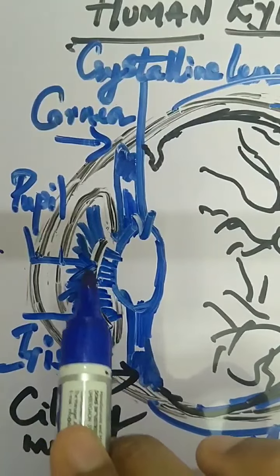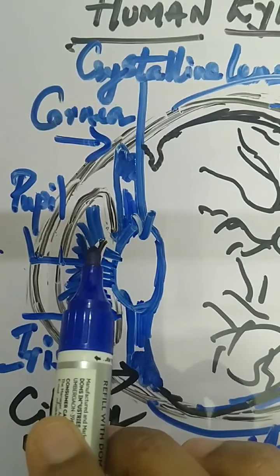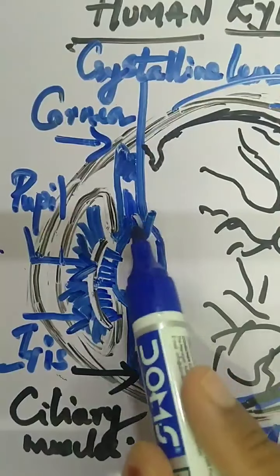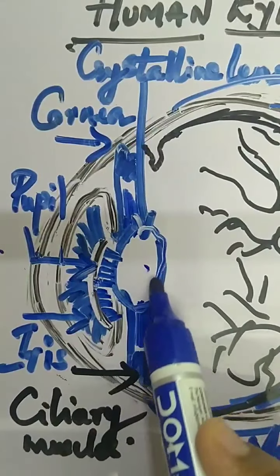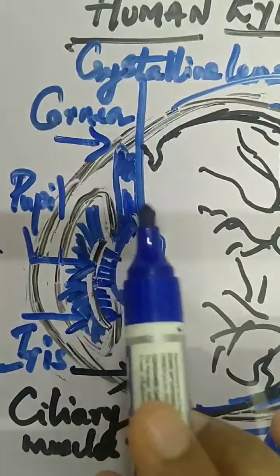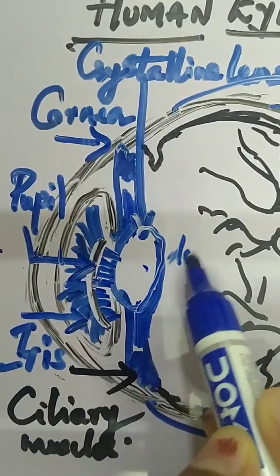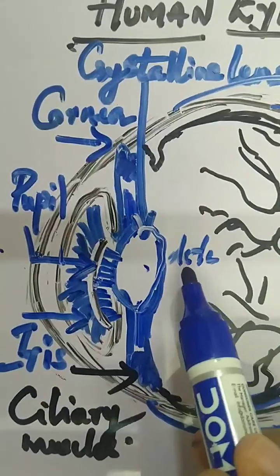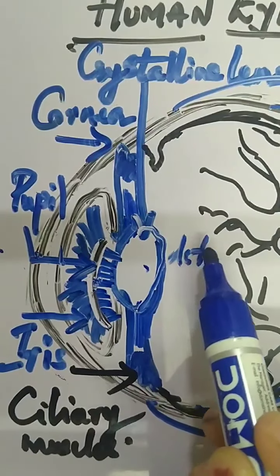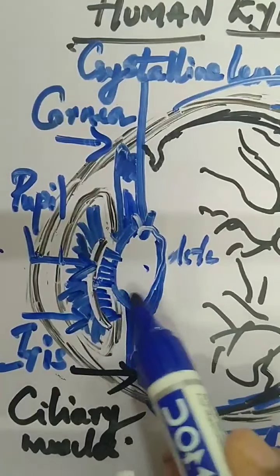Okay. After the iris comes the next important part which is called the crystalline lens. What is the speciality of this crystalline lens? DCTC. So you have to learn it that way. DCTC. DC means double convex transparent crystalline lens. This lens is double convex.